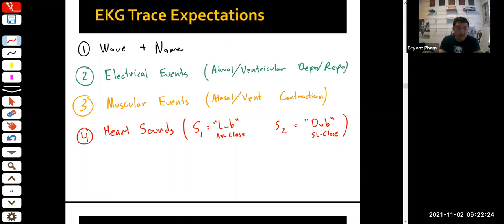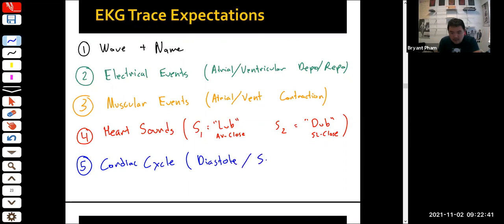Okay. Finally, you need to tell me which stage in the cardiac cycle we are in, diastole or systole. Okay. So these are the 5 things you should be able to tell me from an EKG. Now, I'm going to show you 2 different ways to draw it. You pick whatever option that you like.